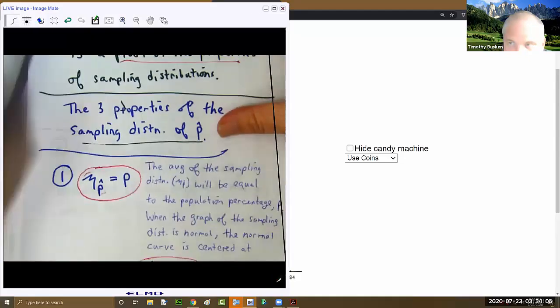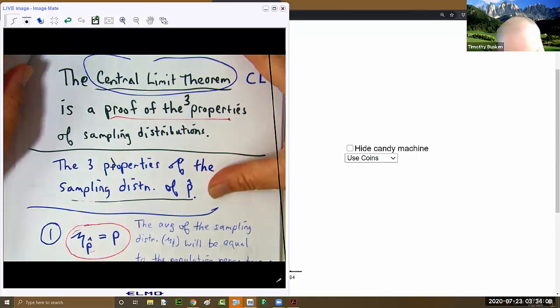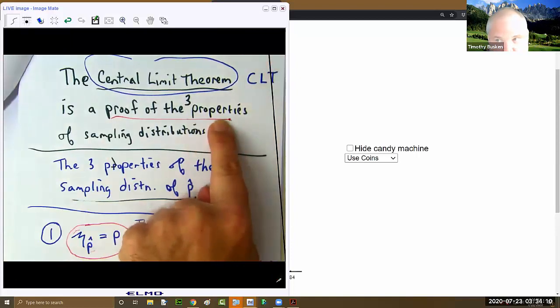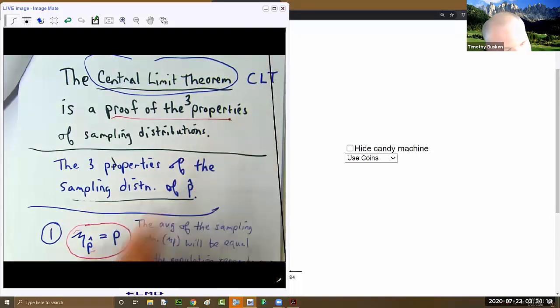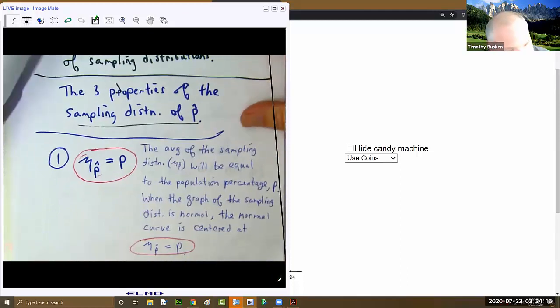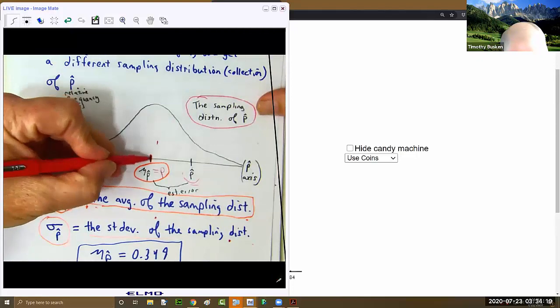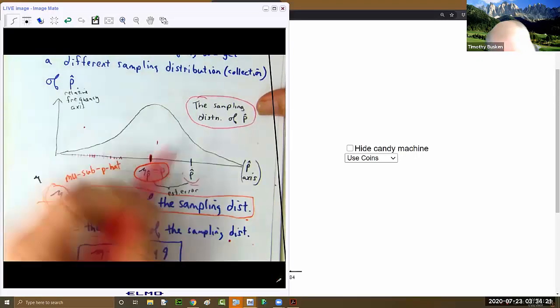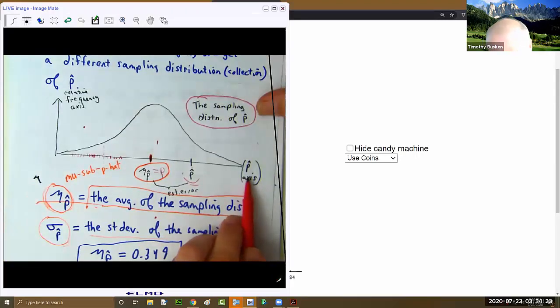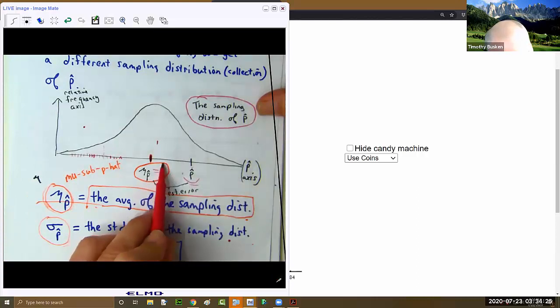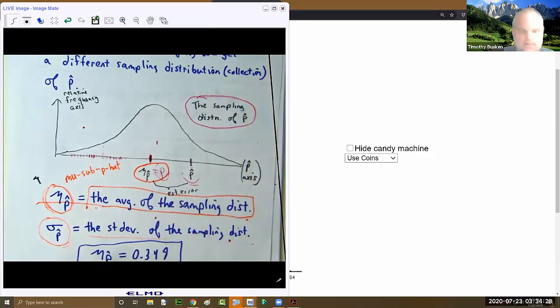So we were talking about the central limit theorem. It's a proof of the three properties of sampling distributions. Property one: the center of the graph of the sampling distribution will be this number right here along the p hat axis, and it'll be equal to the actual percentage. And this is good news.